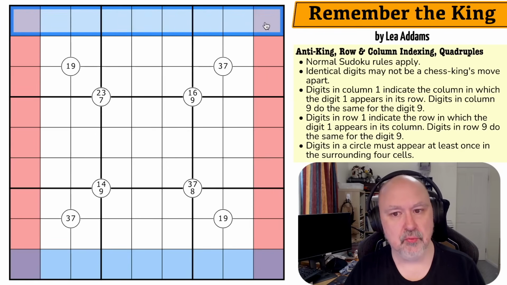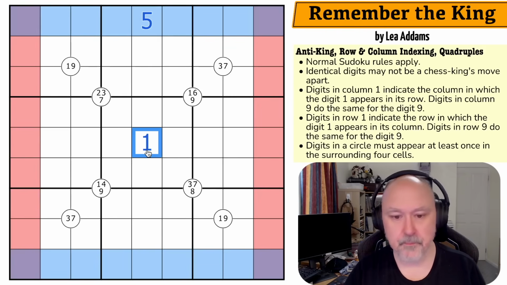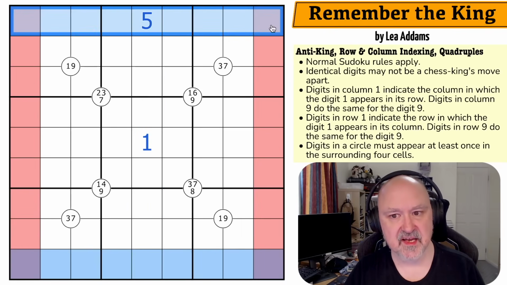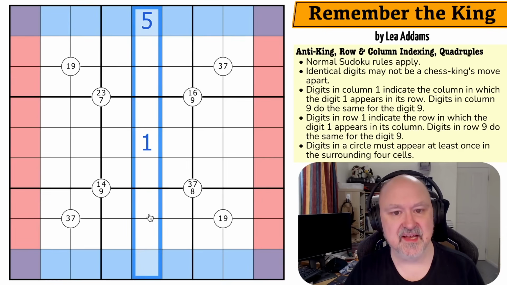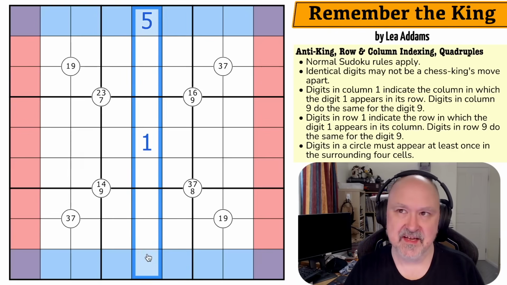So this is row 1. If we were to put a 5 here, that would mean that we have to put a 5 in row 5 in this column. So we're placing it in the row, so we're indexing the column. This is column indexing because we're doing the indexing in the column. I think that's the way it works.